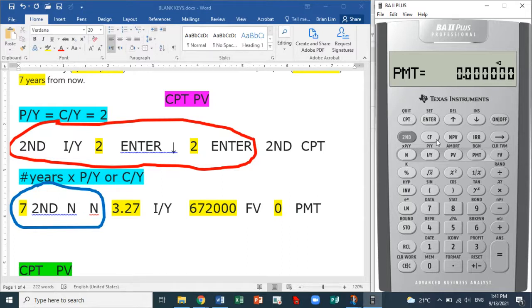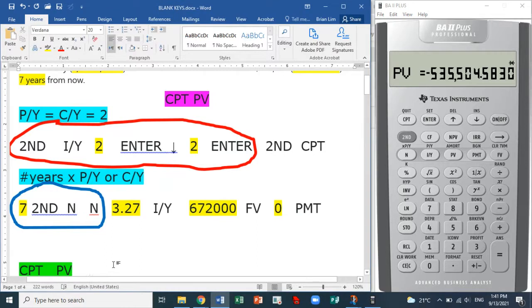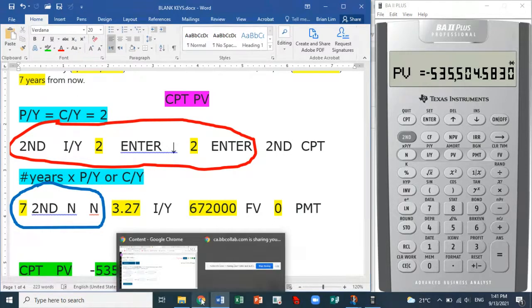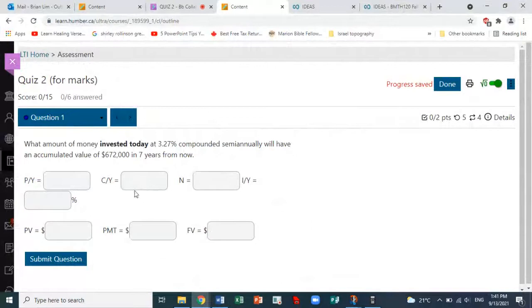Now we can compute the present value, and that turns out to be, well, the negative sign, you can ignore the negative sign, 535,504.58. That's the present value. I can copy that, and I'll put that in green because it is the answer. If I go back in here, my present value is the number that goes in there.